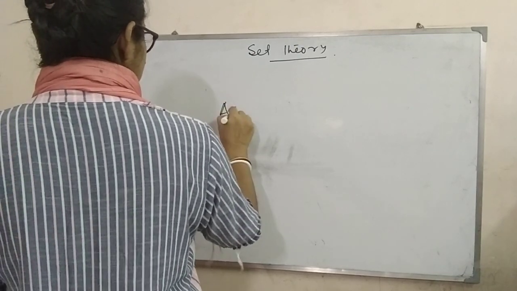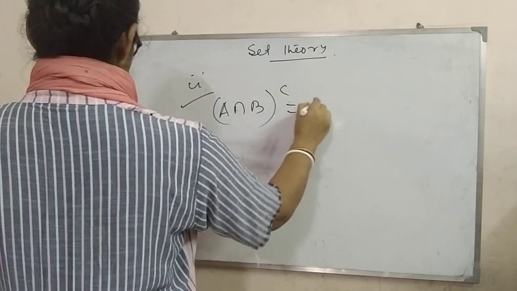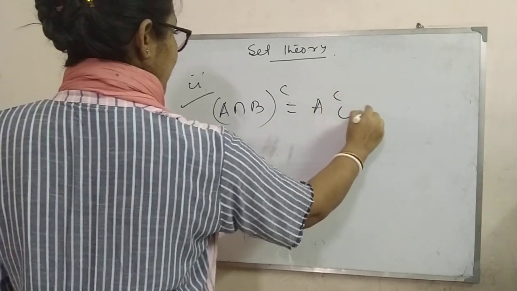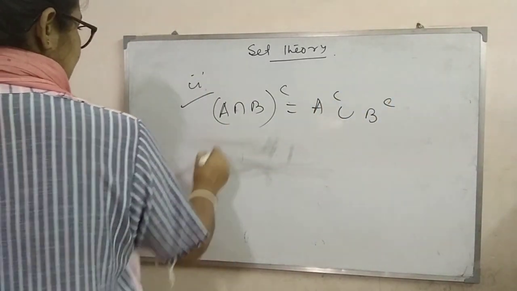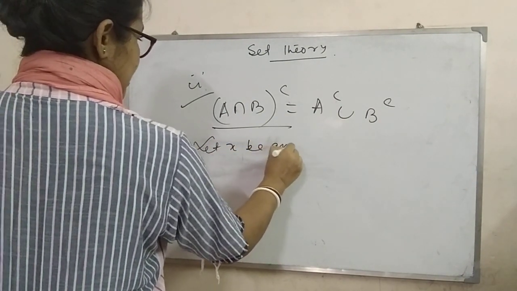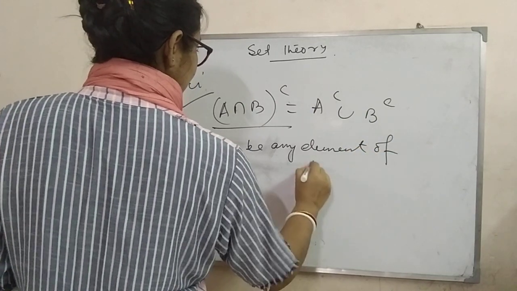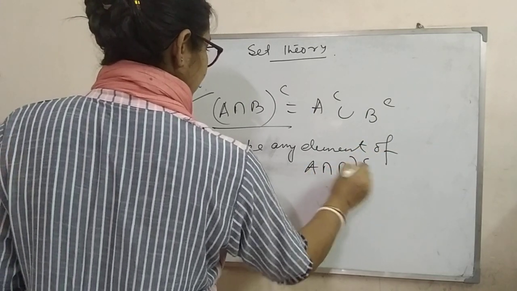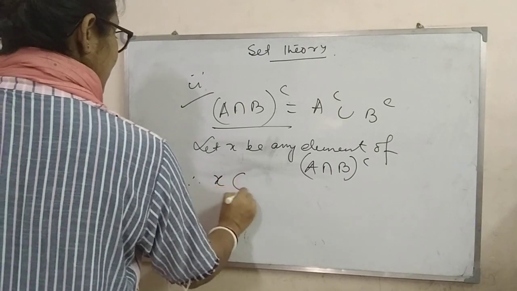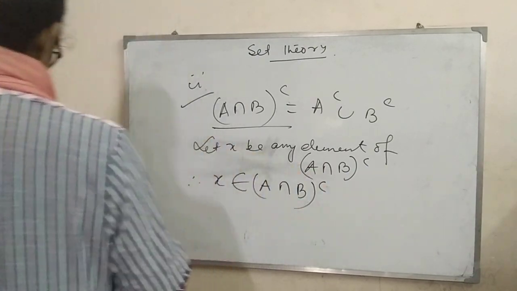And the next proof: (A intersection B) complement is equal to A complement union B complement. First, let X be any element of (A intersection B) complement, that is X belongs to (A intersection B) complement.